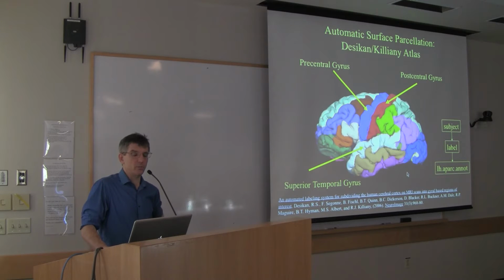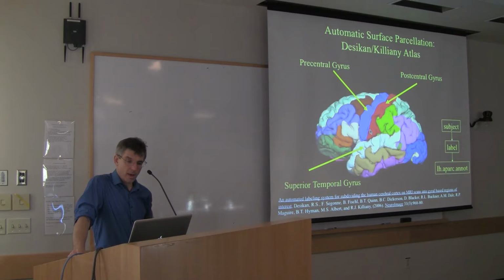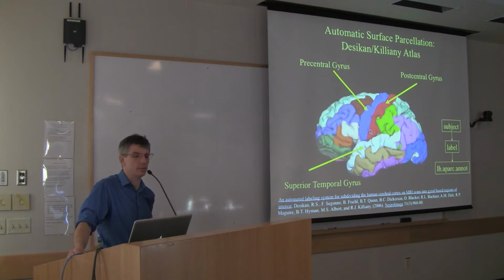As I mentioned before, this is the Desikan-Killiany atlas. This was done a number of years ago. I can't remember the exact number of regions, but I think it's 35 regions per hemisphere.